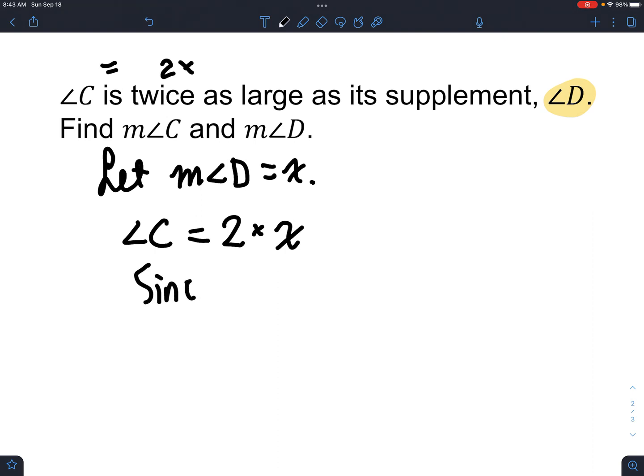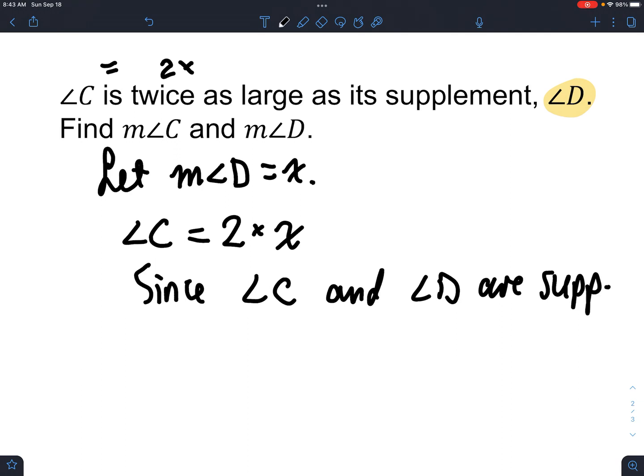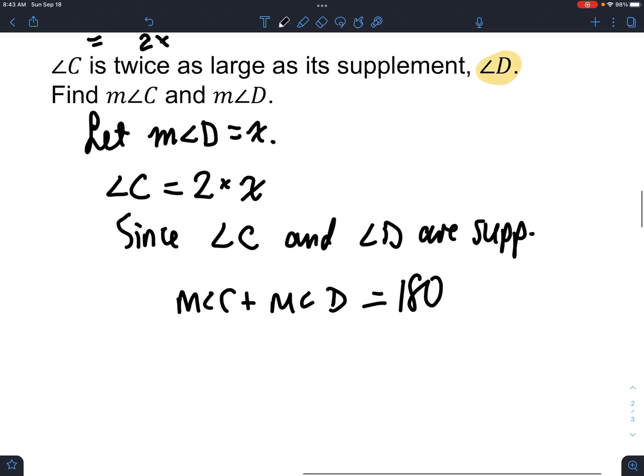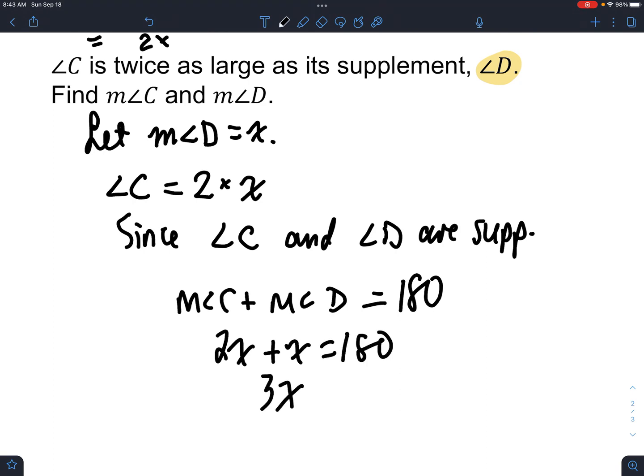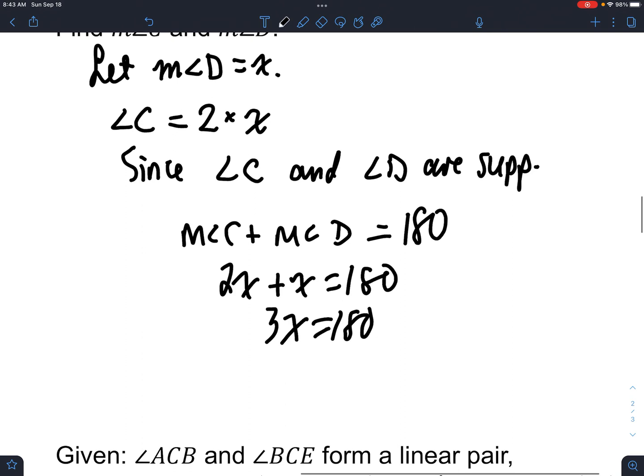And then since angle C and angle D are supplements, the measure of angle C plus the measure of angle D is what? 180. So 2x plus x equals 180. 3x is 180. X is 60.